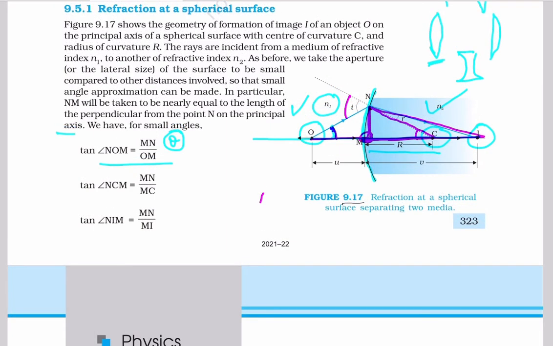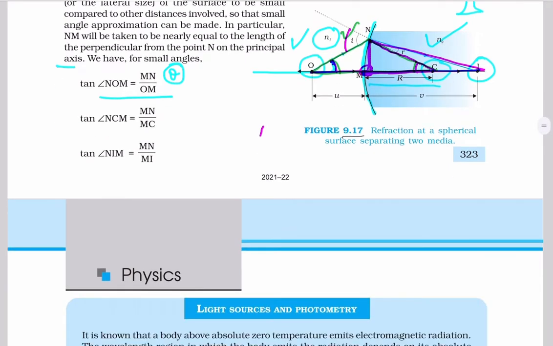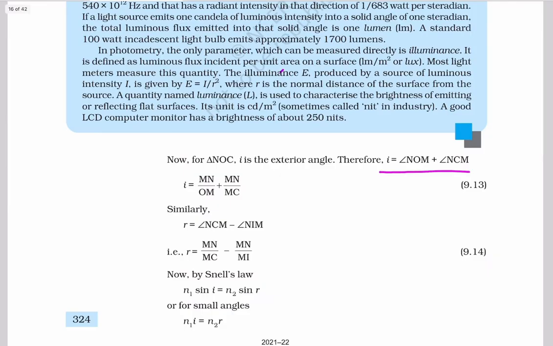For this triangle NOC, this I is the exterior angle, and it is equal to the summation of these two angles. Therefore, we can write I is equal to angle NOM plus angle NCM.